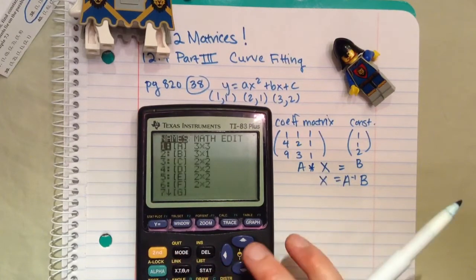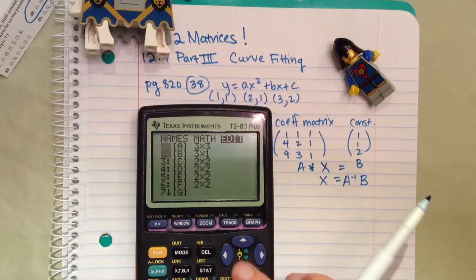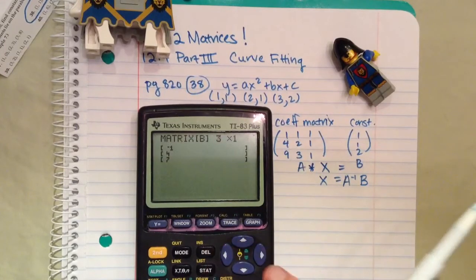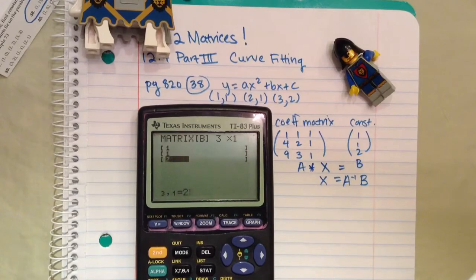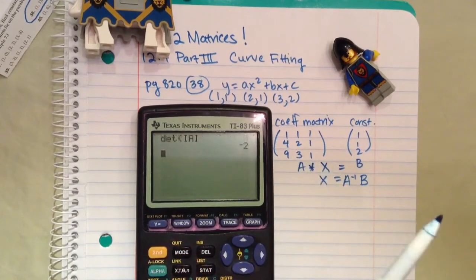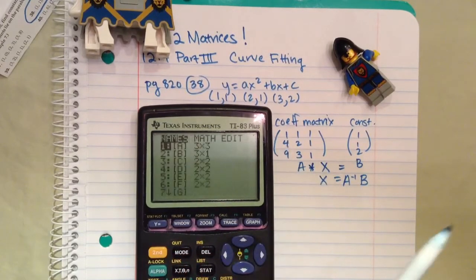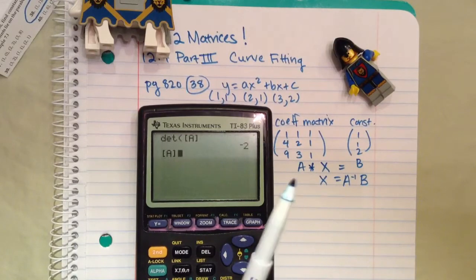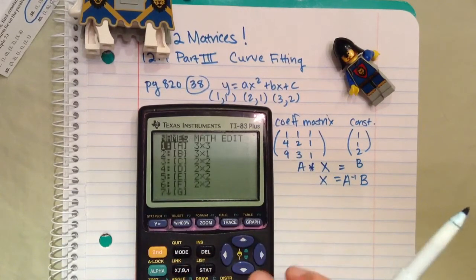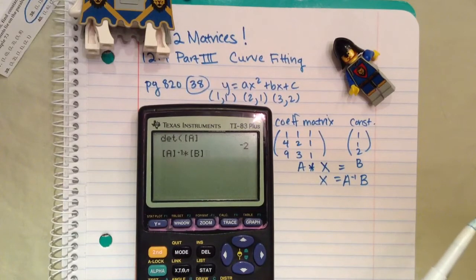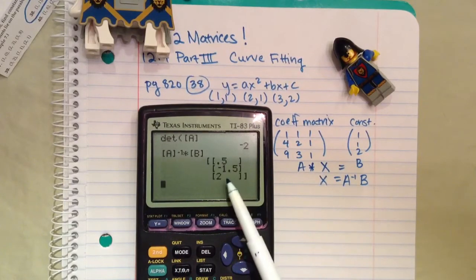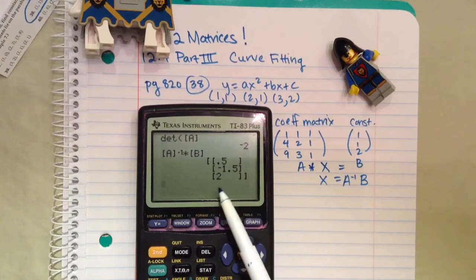Alright, now we can go and edit matrix B, and that's a 3 by 1 matrix, and it is holding 1, 1, and 2. And now we're just going to do our A inverse times matrix B. And that should give us the solution, which is 0.5, -1.5, and 2.